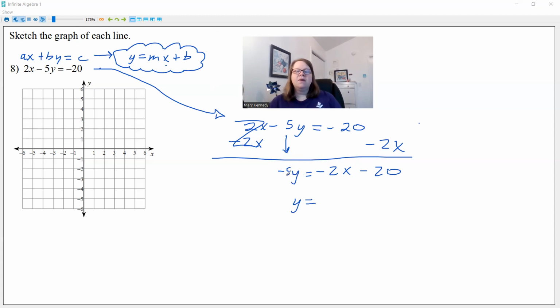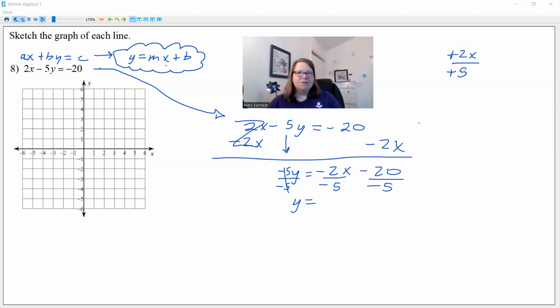Okay. Now, if I want this to be just positive 1y, I need to divide by -5 to get rid of that. So I'm going to divide by -5 through the whole thing. All right, so -2x over -5. Let's think about that. Negative divided by negative is positive, right?